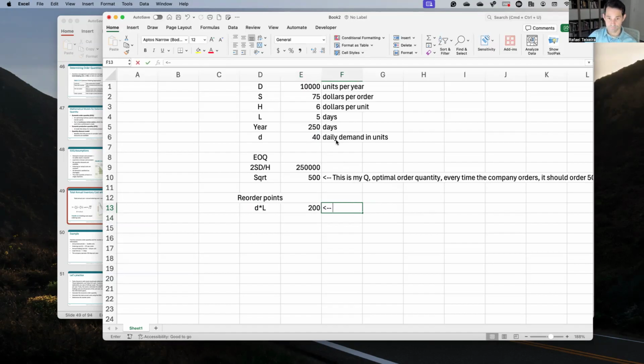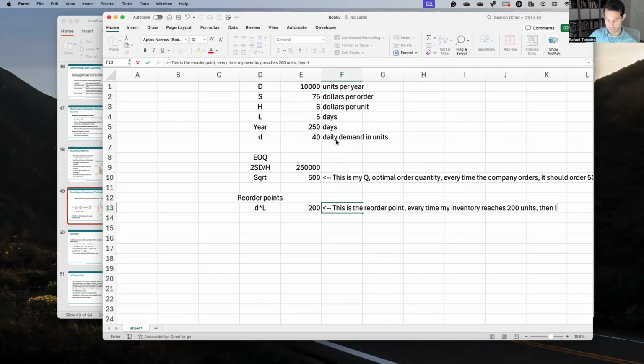This is the reorder point. Every time my inventory reaches 200 units, then I place a new order of 500 units.